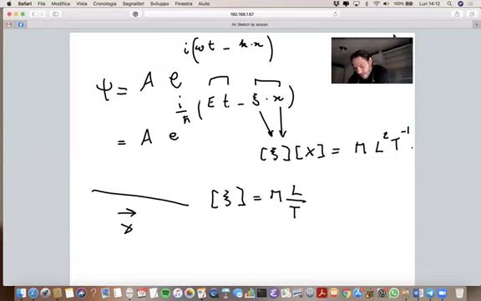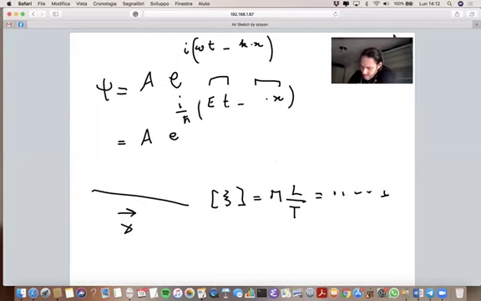Right? So this is the dimension of a mass times a velocity. And we know something fundamental that has a dimension of mass times velocity. It's called the momentum. So rather than using the ξ symbol, we might as well use the momentum symbol.